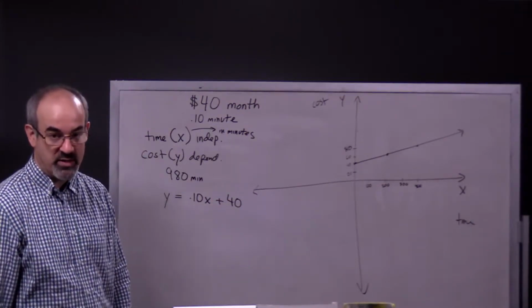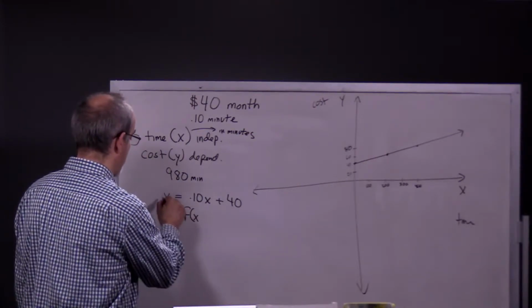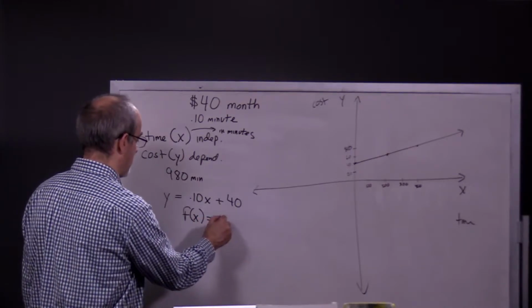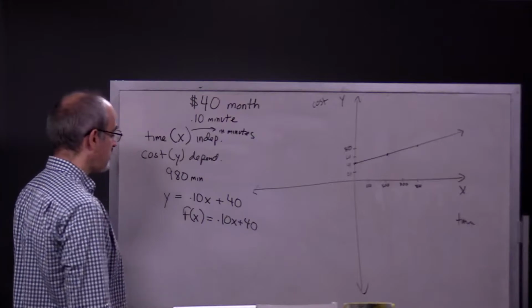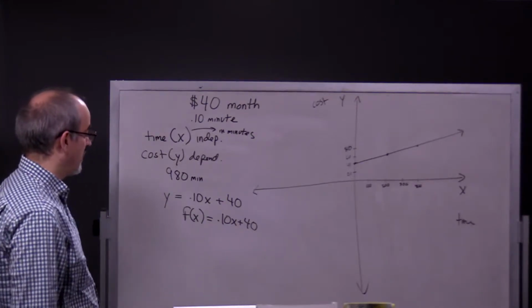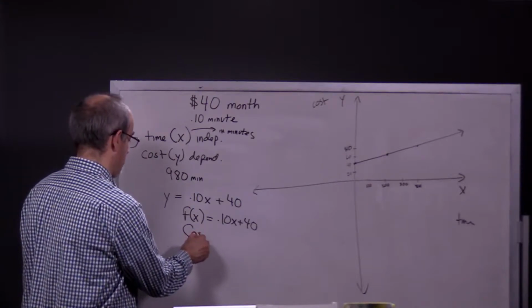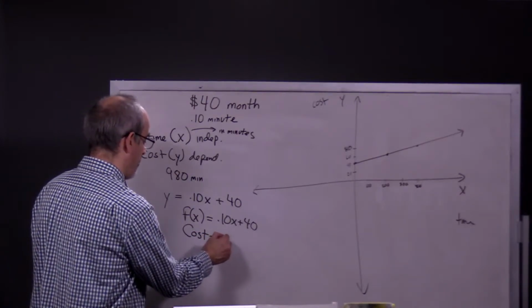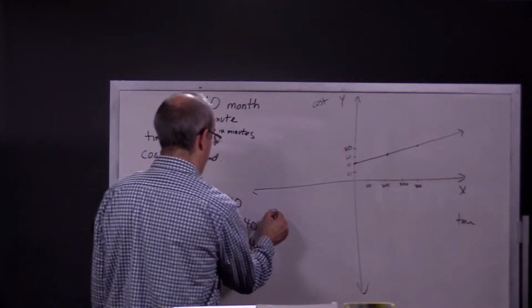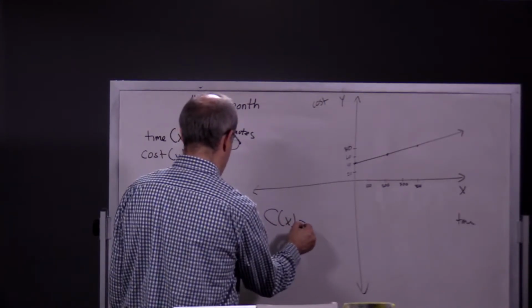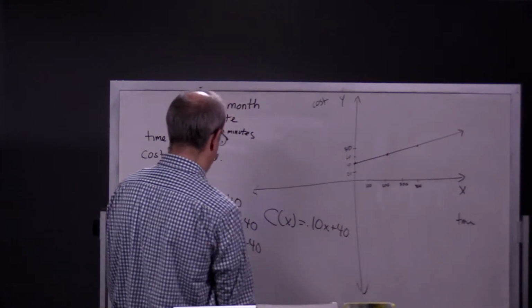So that's our function. When you know it's a function, instead of writing y equals, sometimes you write f of x equals. Sometimes you could also change this to what it's representing. It's a cost, so you could even write capital C of x. There are different ways to write these functions.